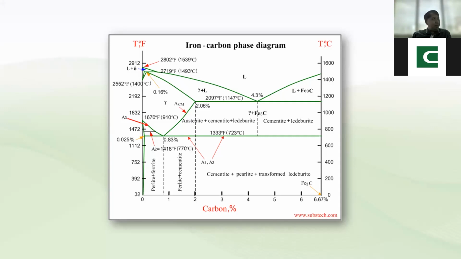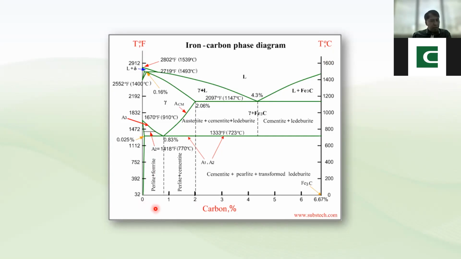So parang briefing lang sa inyo that there is an iron carbon diagram. So this is the iron carbon diagram. On our horizontal is the carbon content, and the vertical side is the temperature in degrees centigrade. Dito naman sa kabilang side is degrees Fahrenheit, no?